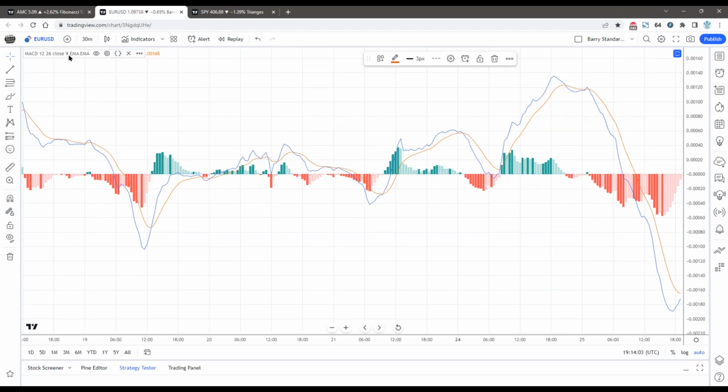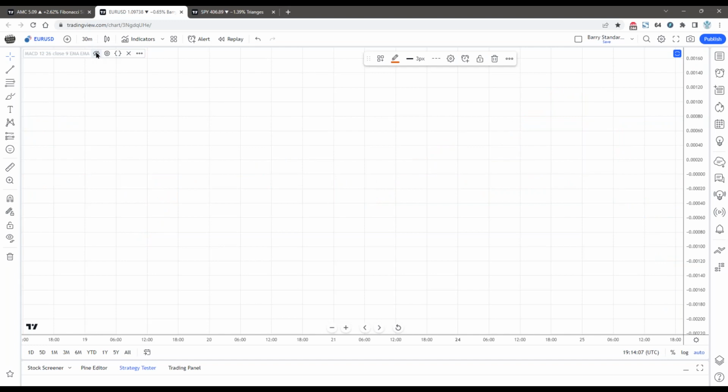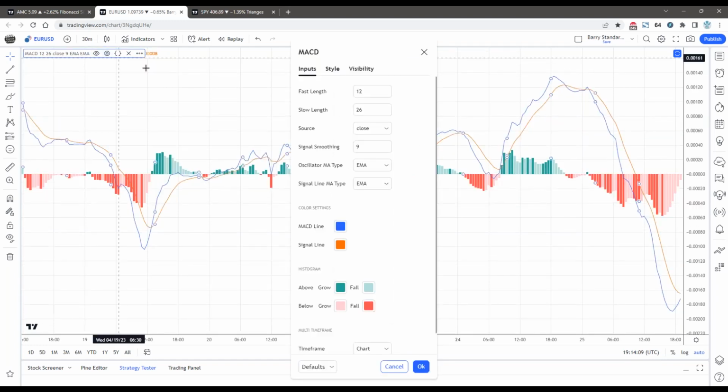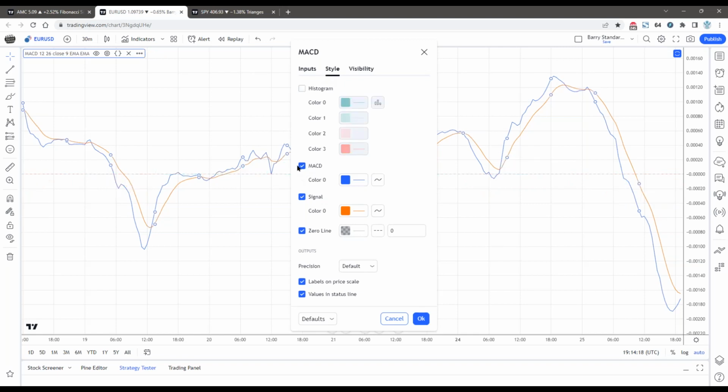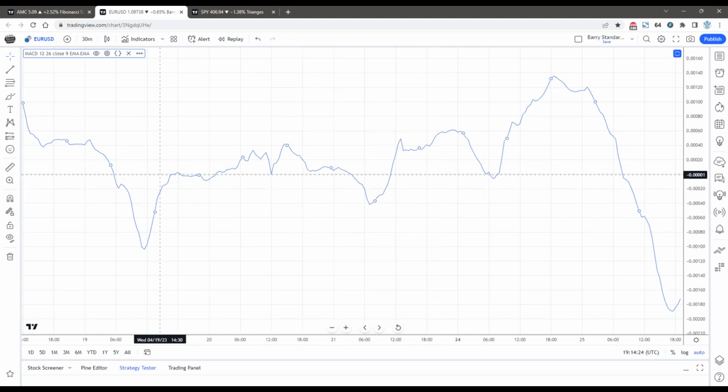So the MACD consists of several lines. I'm going to turn off some of them and we're going to start from the beginning. Okay, so this line that would be on the bottom of our chart is called the MACD line.